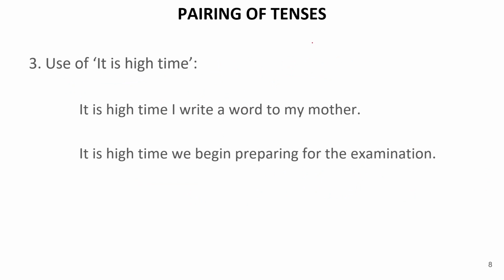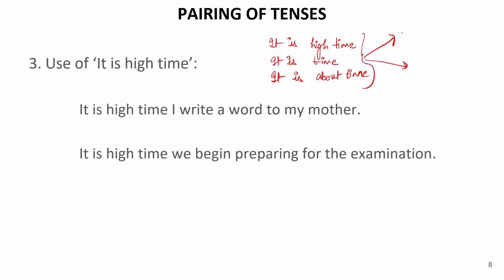Now, this is again a very important concept. Whenever we say it is high time, or it is time, or it is about time, if we use any of these expressions, we have two conditions after these phrases.